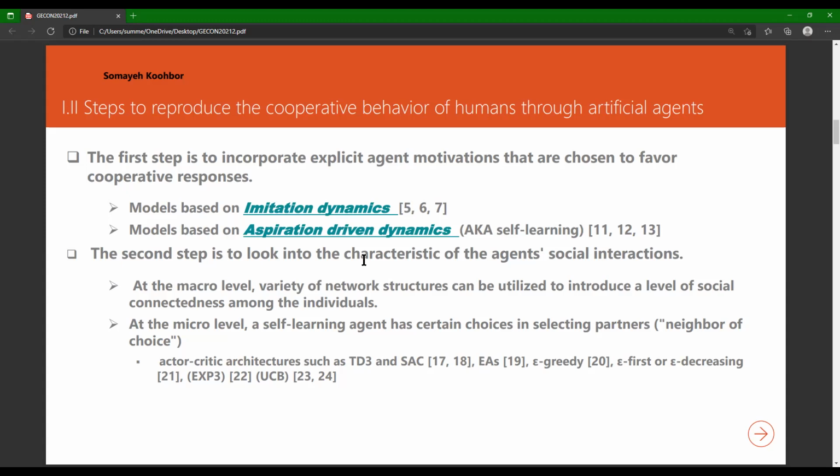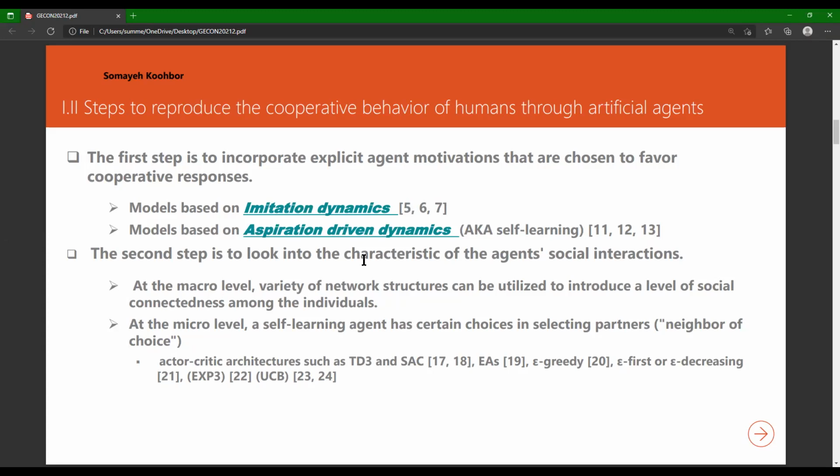There is also another line of research which argues that we are not alone. It's not about me and you playing with each other, but about a network of people being together. This is very reasonable, because within a team we are dealing with a group of people interacting with each other. We are not isolated. So researchers bring in this social connectedness and capture the effect of the underlying network structure.